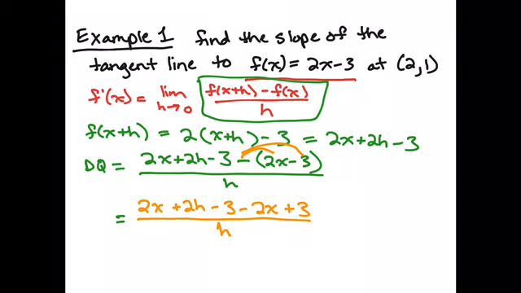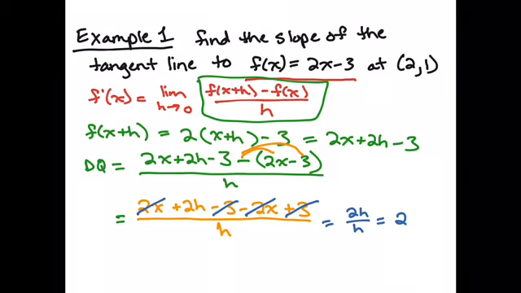And now I see that 2x minus 2x goes to 0. Negative 3 plus 3 goes to 0. So we have 2h over h, which is just 2. So when these are done correctly, that h in the denominator is always going to simplify out.